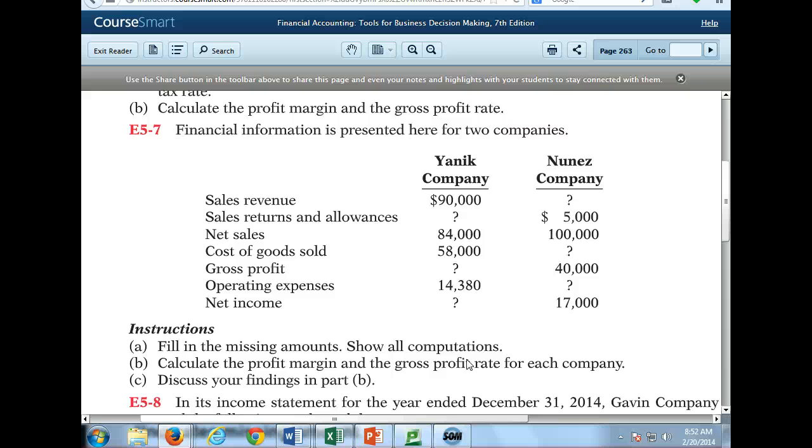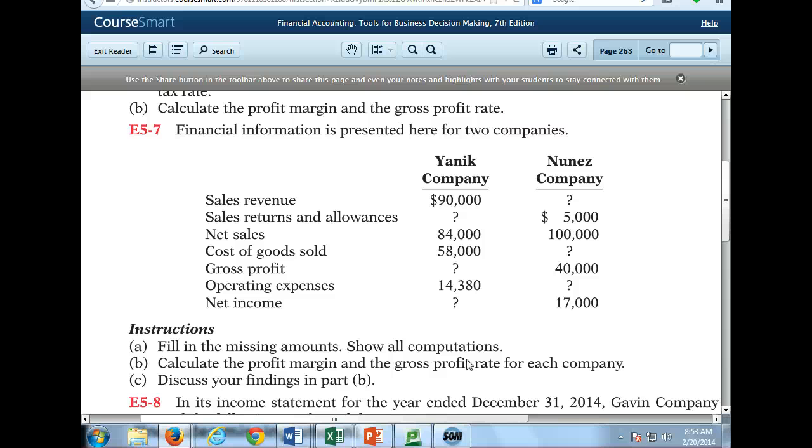Why? Think about it like this, guys. Here's our toy car. Our gross profit here is 150, and then we've got operating expenses of 100. So our net income is 50. What are the two? Profit margin and gross profit rate. What's the profit margin?